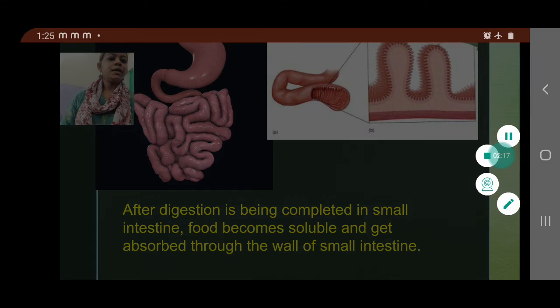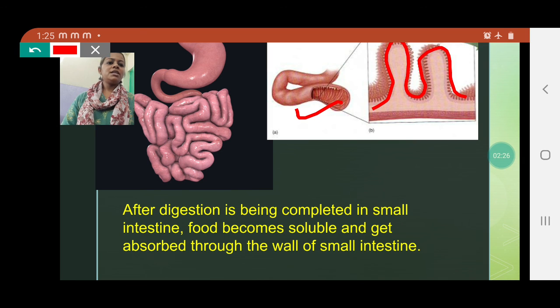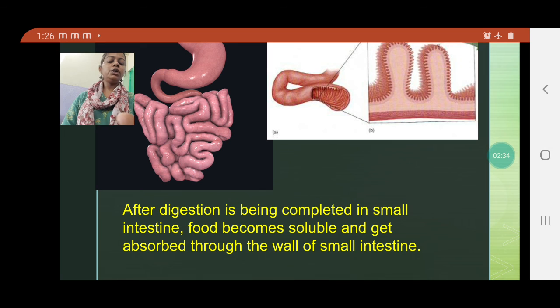The wall of the intestine has hair-like structures that increase the absorption area. If you see, this is the small intestine and this is its internal shape. You can see these hair-like structures. They are present on the wall of the small intestine, and with their help all the nutrients get absorbed by the wall of the small intestine.